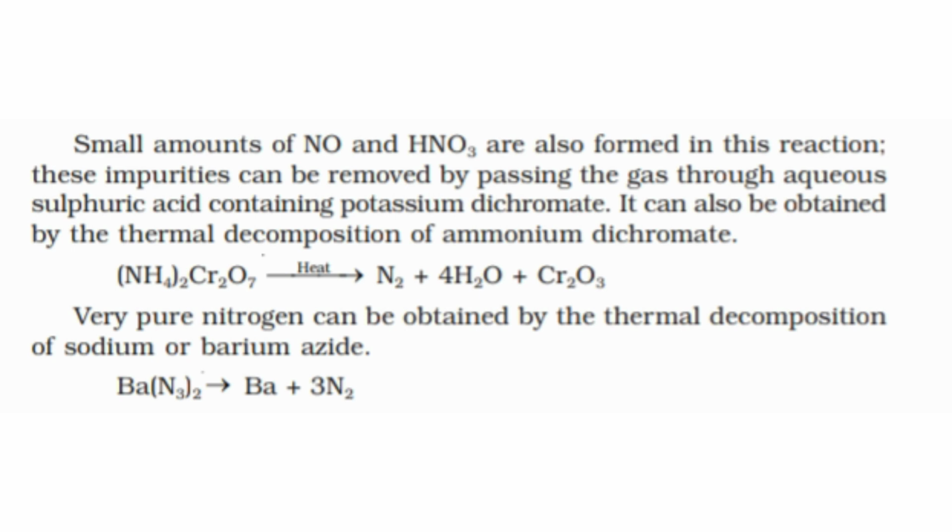These impurities can be removed by passing the gas through aqueous sulfuric acid containing potassium dichromate. It can also be obtained by thermal decomposition of ammonium dichromate. Very pure nitrogen can be obtained by thermal decomposition of sodium or barium azide.